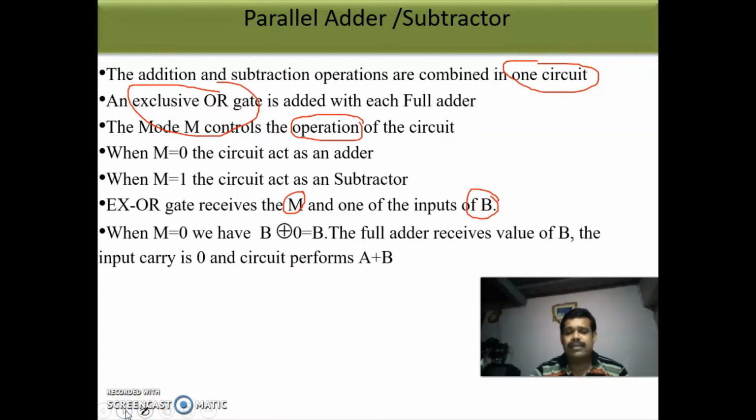When M is equal to 0, it is B XOR 0. In an XOR gate, if one of the inputs is 0, the output depends upon the other input.